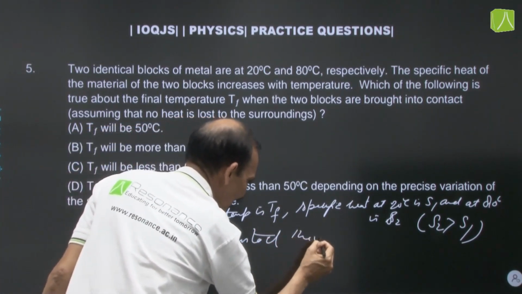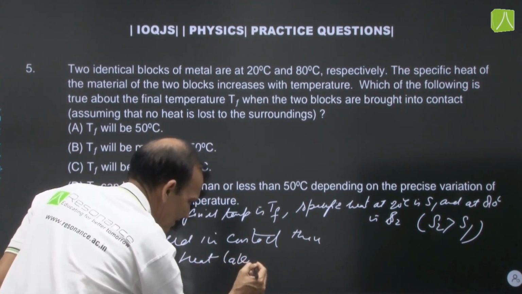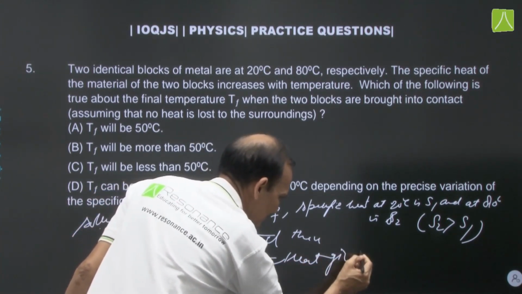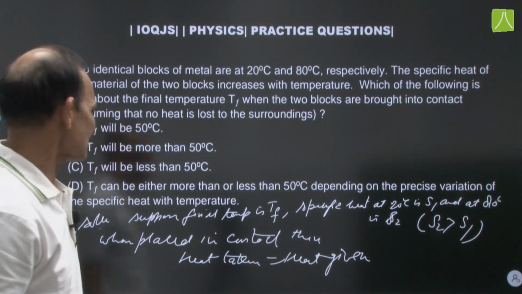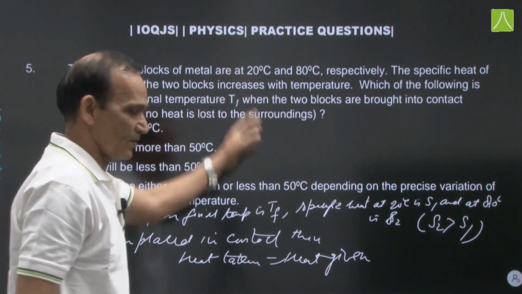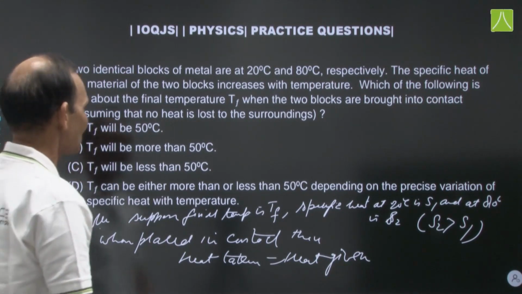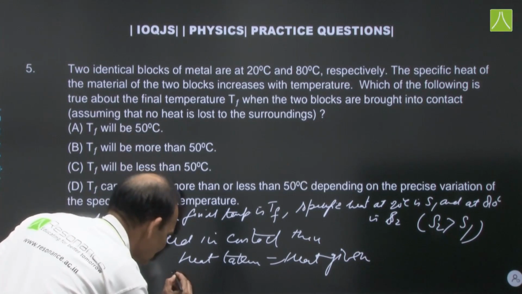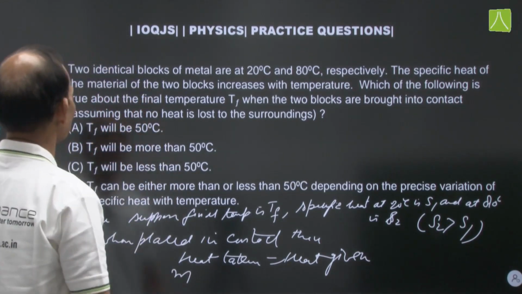So when placed in contact, heat taken is equal to heat given. Heat given is by the body at high temperature, 80 degrees Celsius, and heat taken is by the first body at lower temperature, 20 degrees Celsius. Heat taken by the first body: its mass is the same, m, for identical bodies.